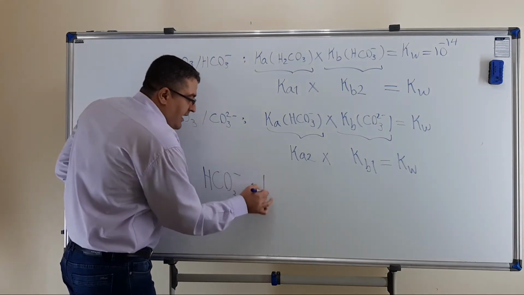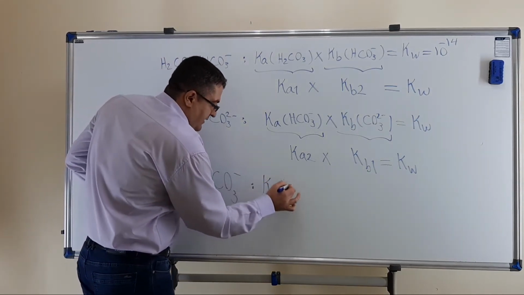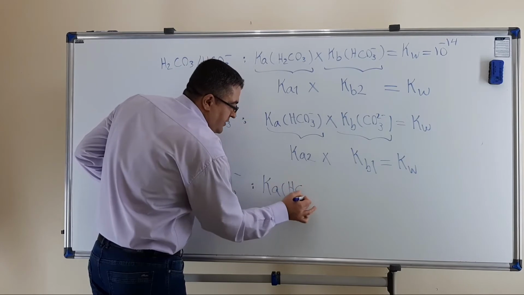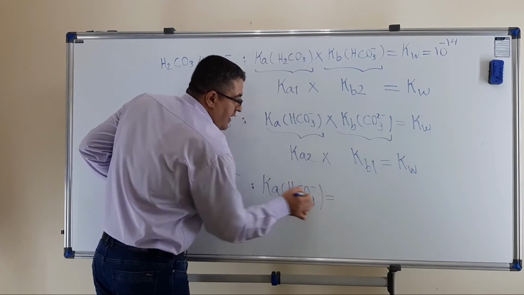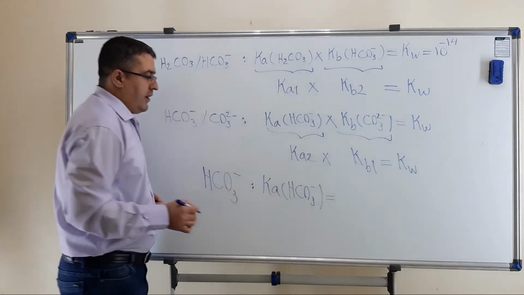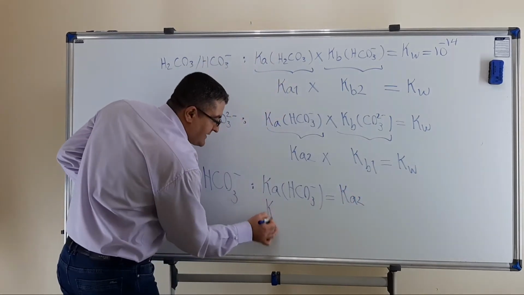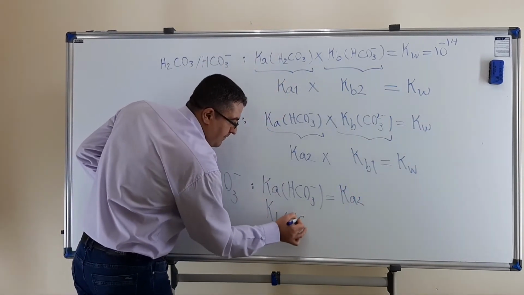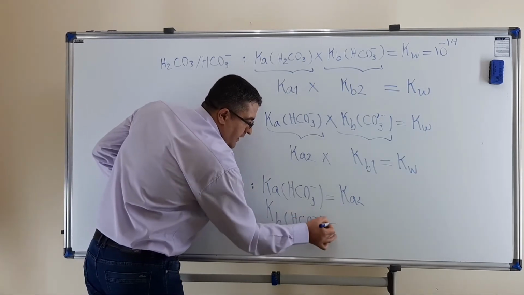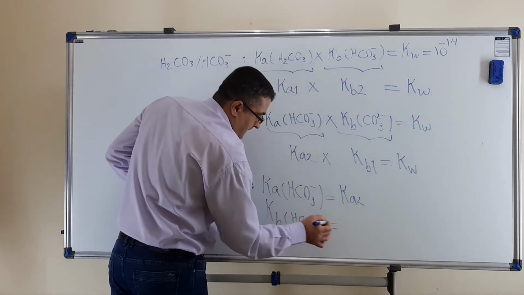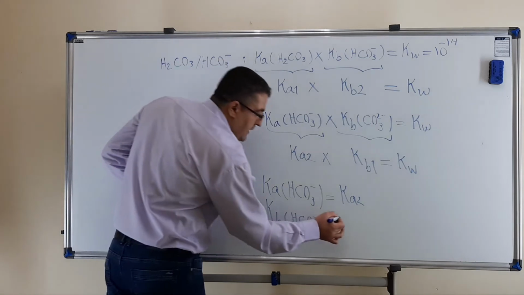The acidity constant of this amphoteric species is equal to Ka2, and its basicity constant is equal to Kb2.